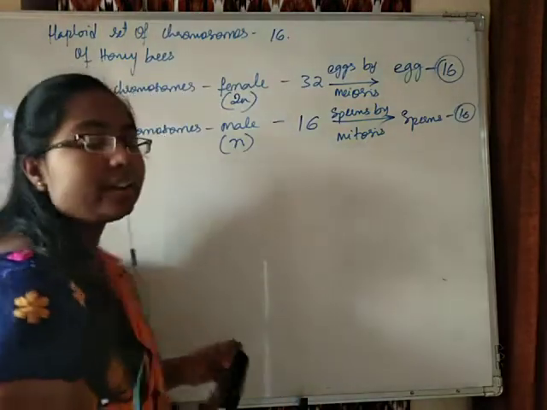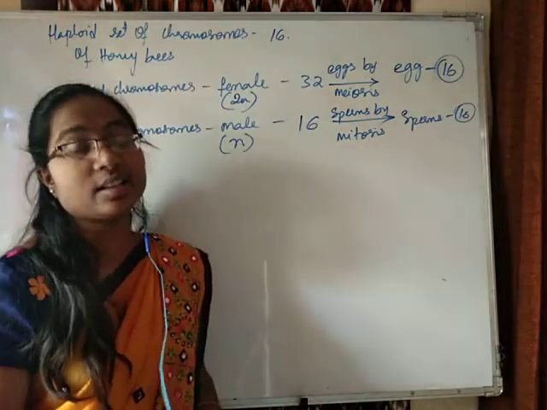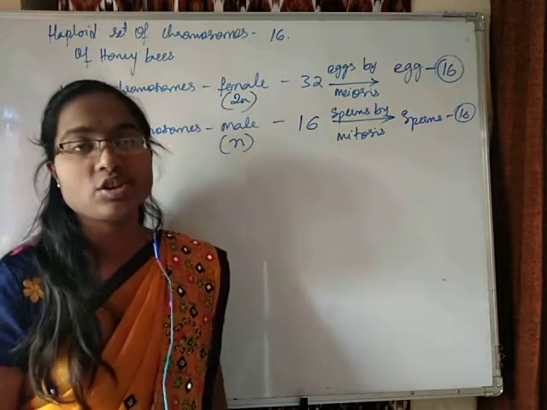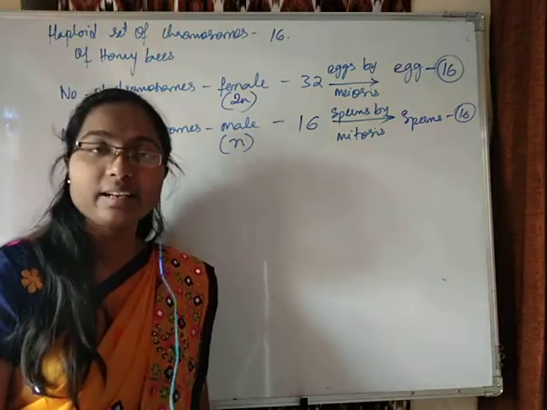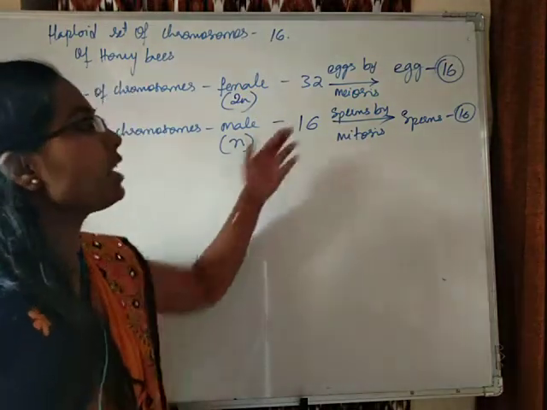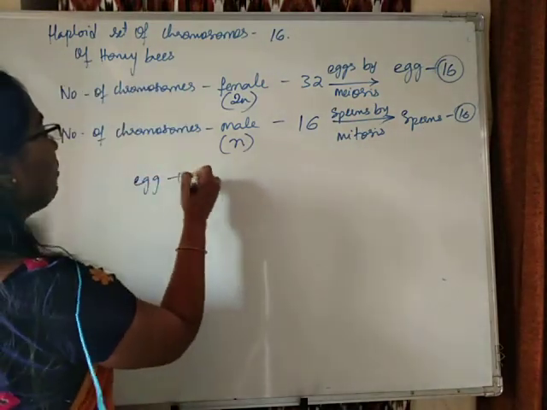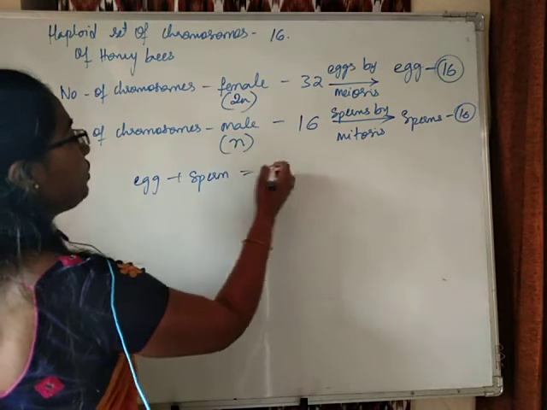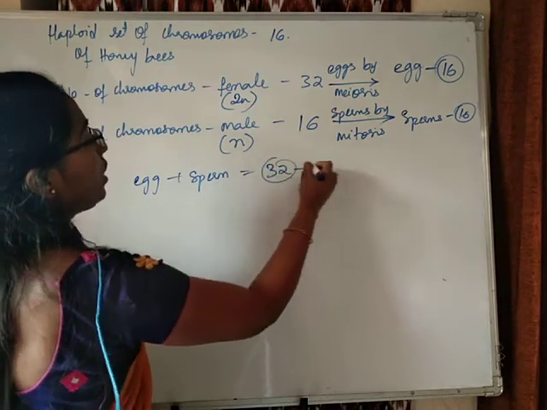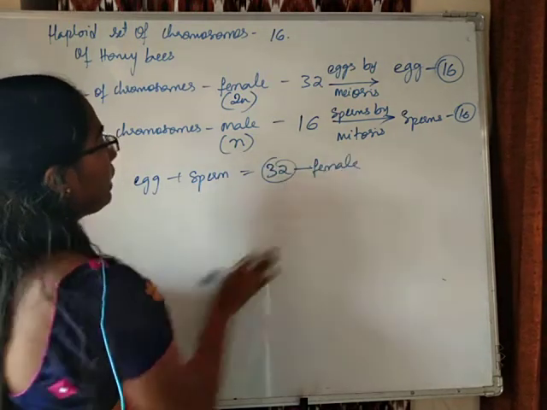When the egg and sperm are fertilized, the normal diploid condition of 32 chromosomes is attained in the females.